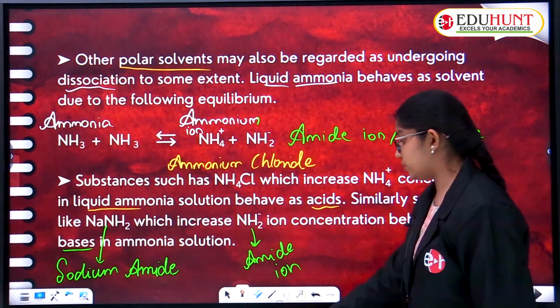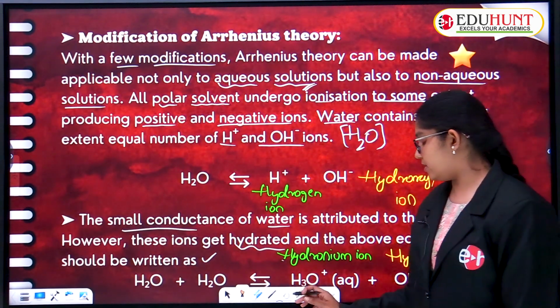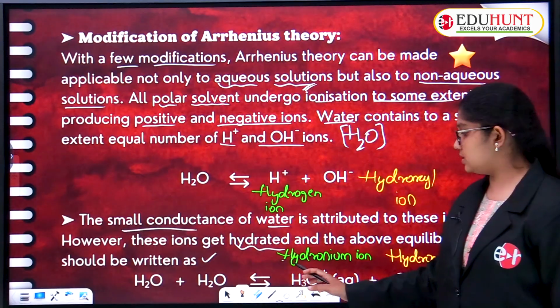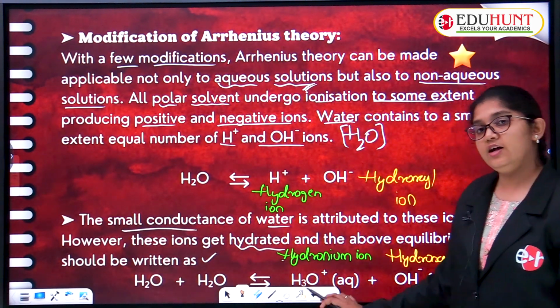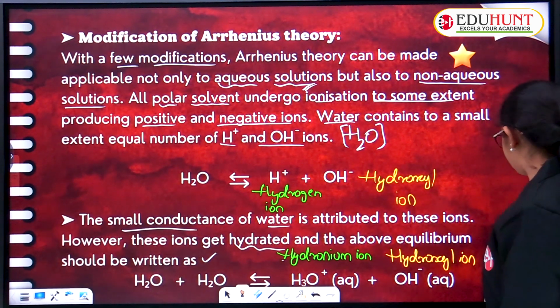So we have two equations here, children. Remember carefully: taking two molecules of water, if there is liberation of H3O plus ions, those are called acids. If it is OH minus ions, they are called bases.